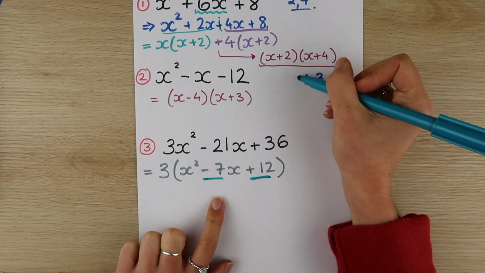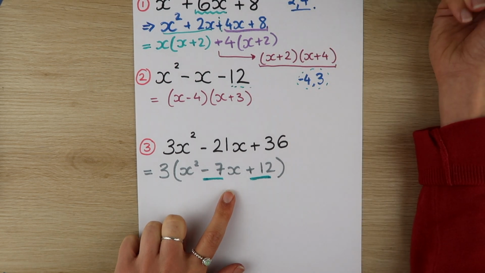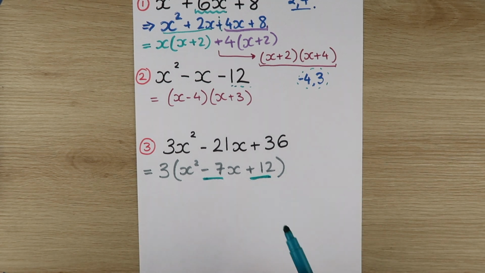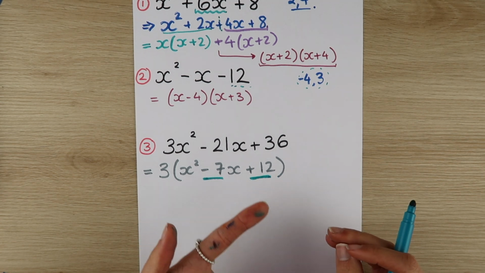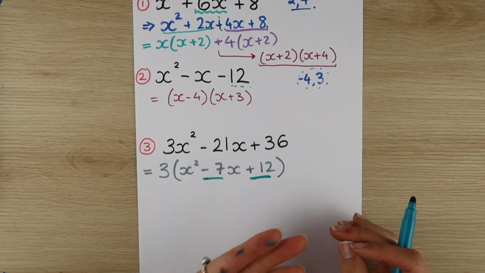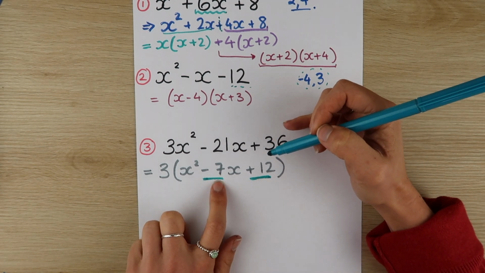Looking back up here, we've had a similar one where we had 12 on the end. Now, think of the factors of 12. We've got 2 and 6. They don't add together to make negative 7 though. We've got 3 and 4. Now remember, this has to be a positive and this one has to be a negative.